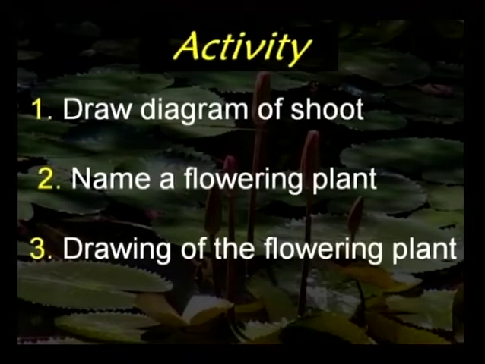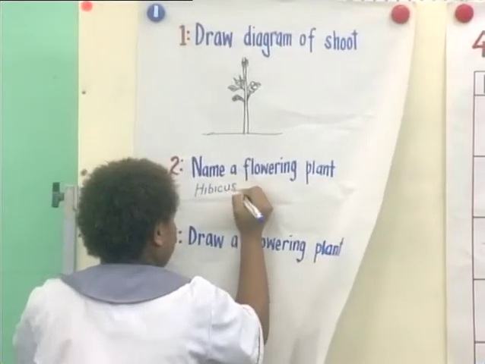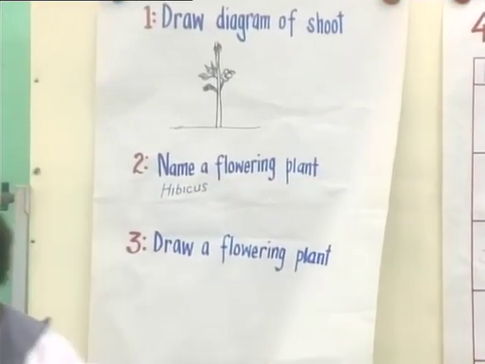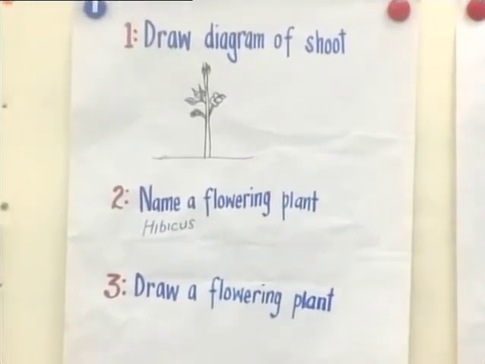Thank you very much, Jordan, for the drawing. Okay, Nora is going to come and name the flowering plant that she likes. Hibiscus.